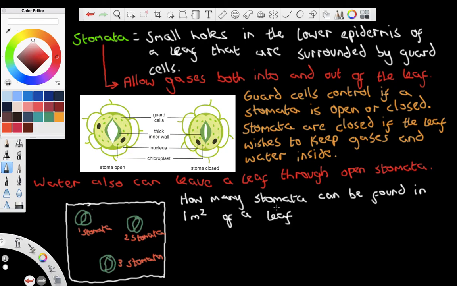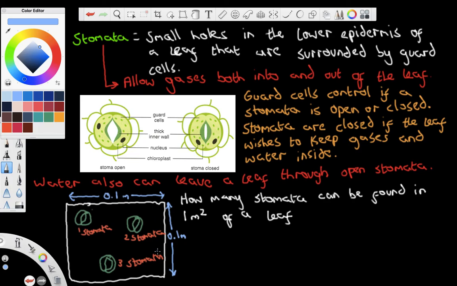And what they will usually do is on the image they will give you a scale bar, and the scale bar will usually be something like 0.1 metre, or any other value really. Again, I'm going over this because it's an examiner's favourite question.